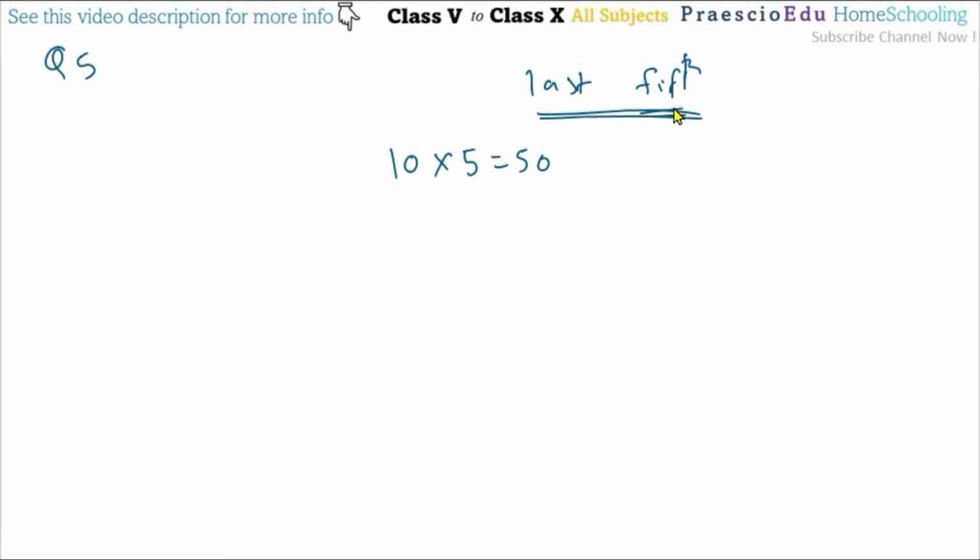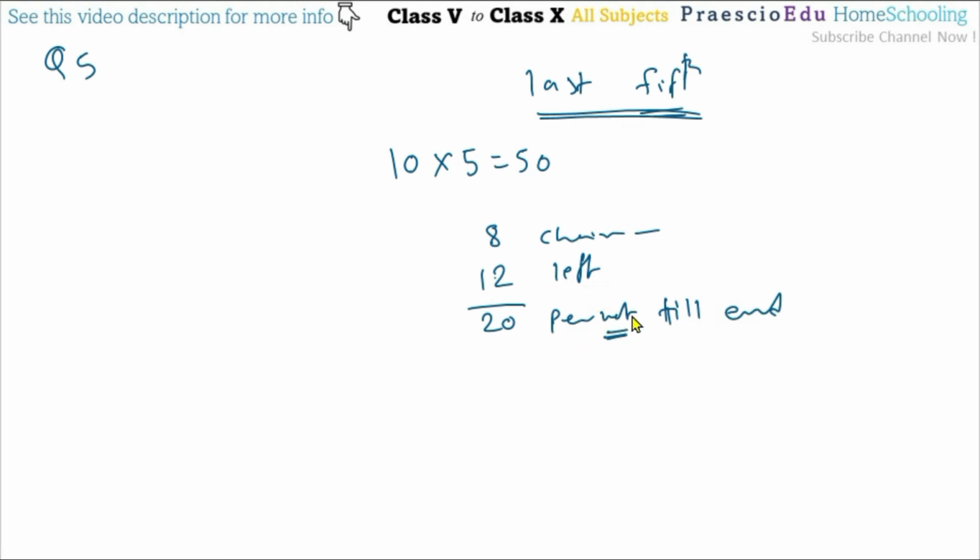Now from this 50, the last 8 chairs are empty from the beginning. And then in the middle 12 persons left the meeting. So 8 plus 12, that is 20 persons who did not attend the meeting till the end.